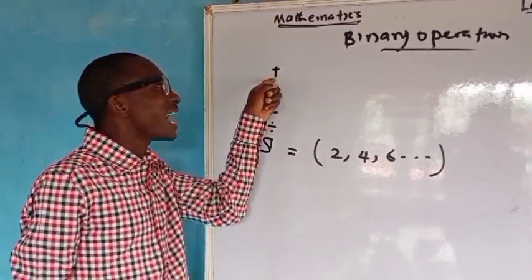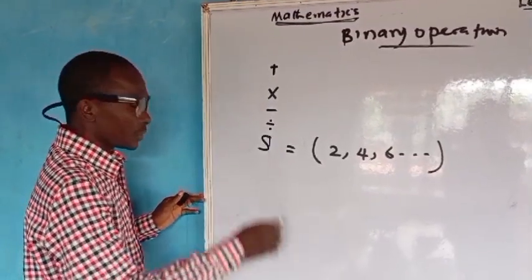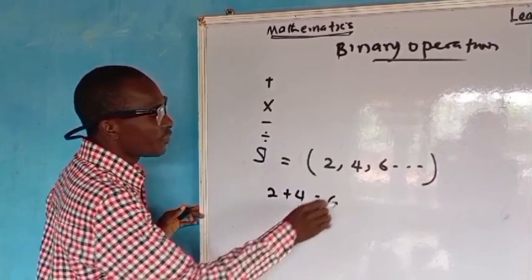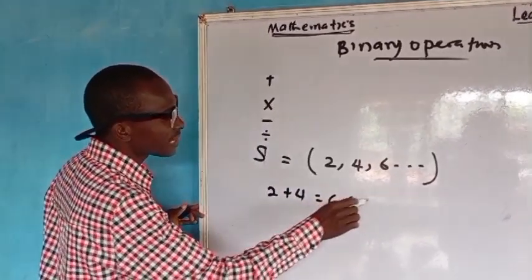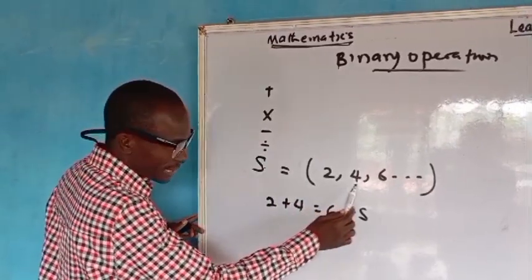What is the operation? Let's use addition. Under addition, we say 2 plus 4 is what? 6. If you look very well, 6 is a member of the set S.